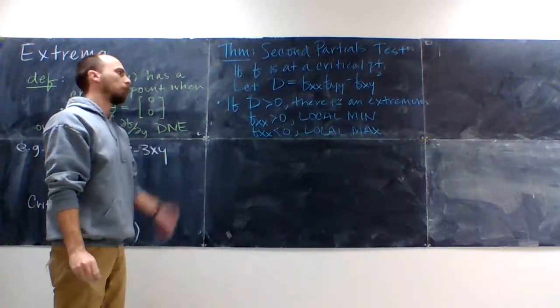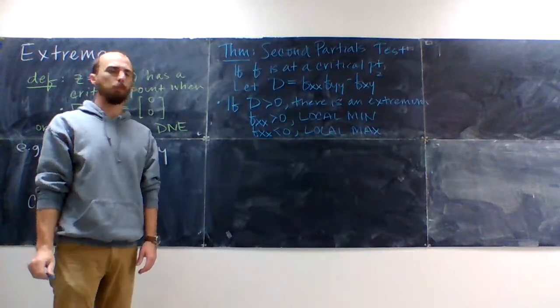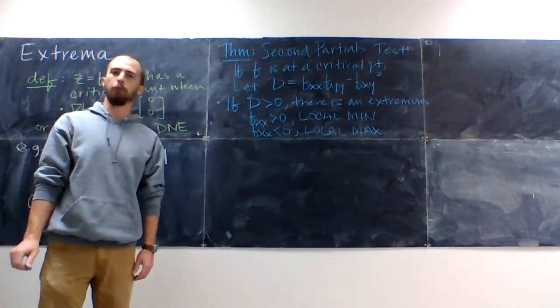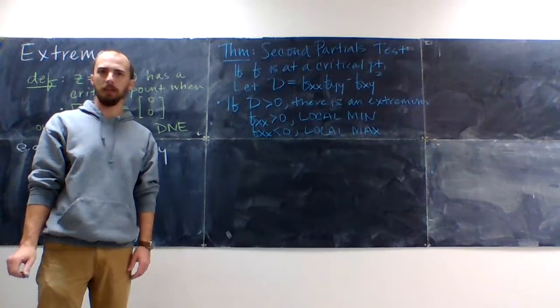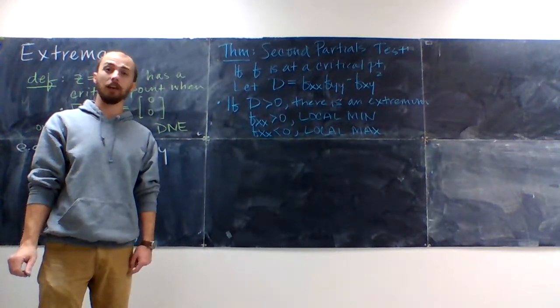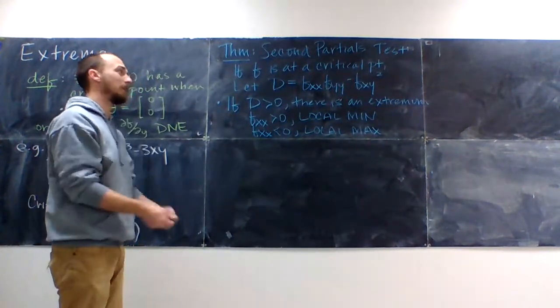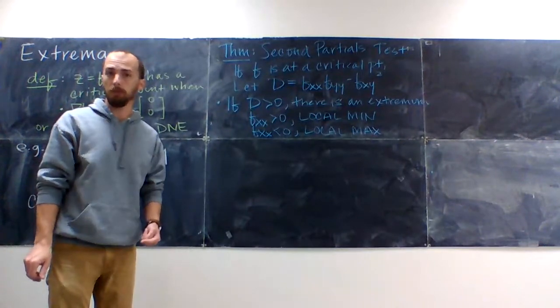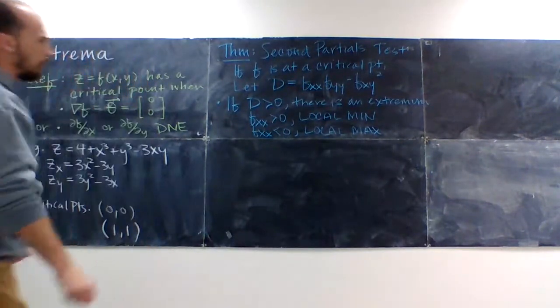If fxx was 0, then, well, hold on, let's think through what would happen if that was the case. If fxx was 0, then it would not be the case that D was positive in the first place. I'll let you think about why that's true.